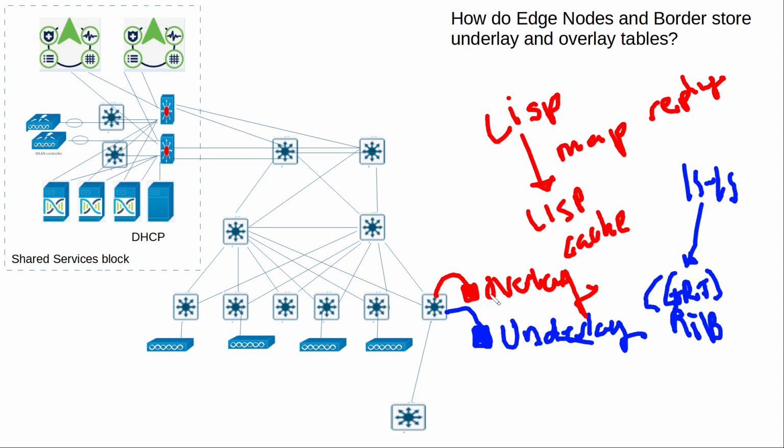The edge nodes and the border nodes will store that information in a cache. This cache will live there for 24 hours. So just remember that border nodes and edge nodes have these two separate databases in order to do the forwarding for the packets.